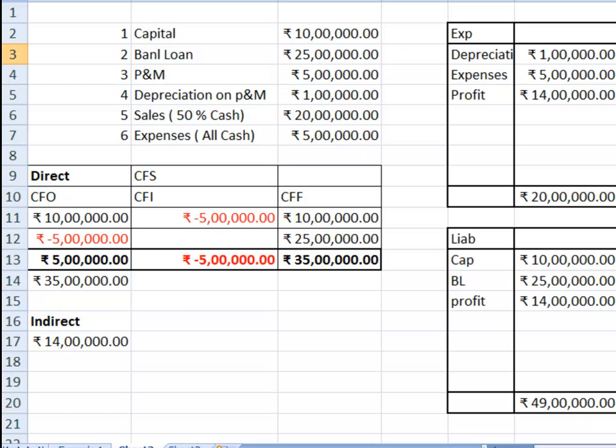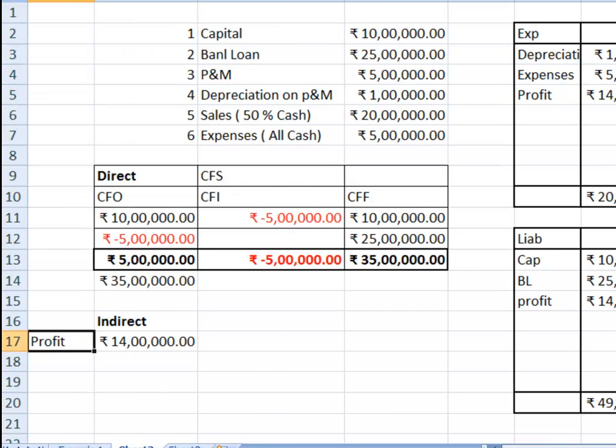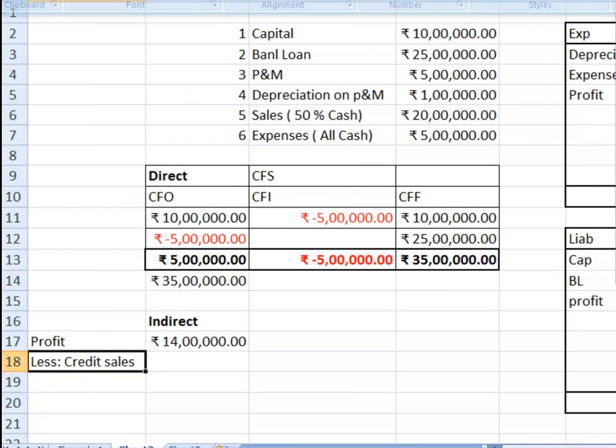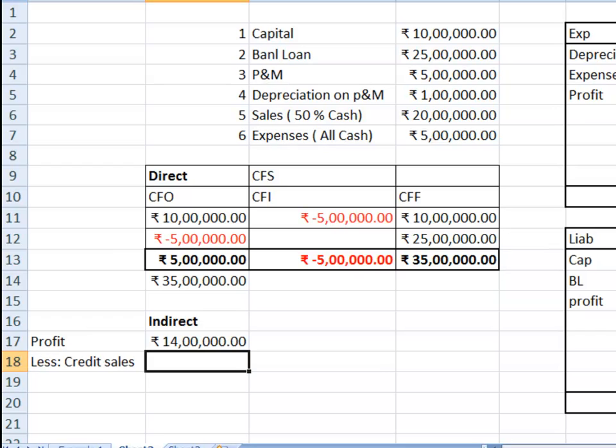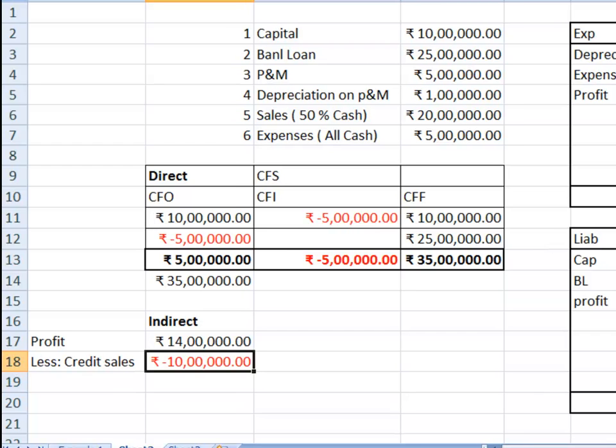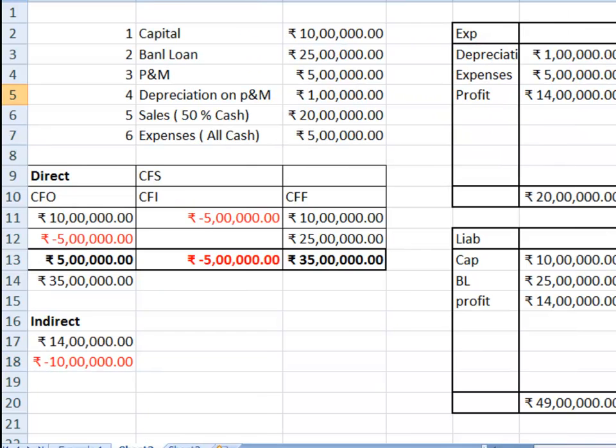So what I need to do is undo the effect. So I would say less credit sales. Are you following this? Whatever I have done in the past, I have to undo that effect because it was not cash. So less credit sales, 10 lakhs. Next one, depreciation, which is again not a cash expense, but I have deducted it.